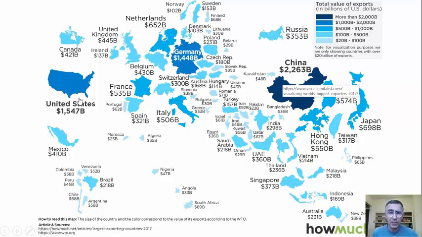We're the second largest exporter of goods on the planet at 1.5 trillion, right? Because this is in billions, so that's $1.5 trillion worth of export. And that puts us number 2 behind China at 2.2, and actually puts us ahead of Germany. And remember what I just told you, over 50% of the GDP of Germany is trade.